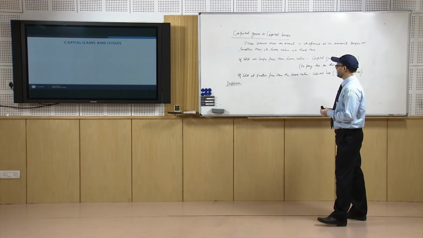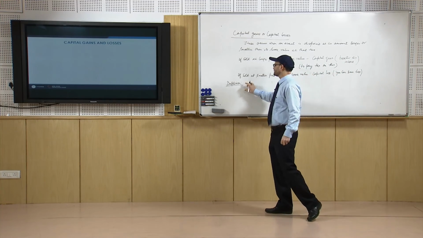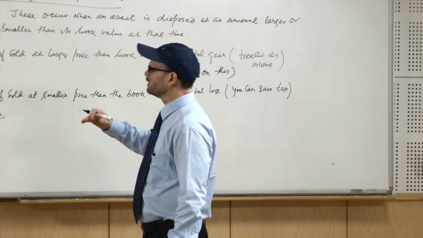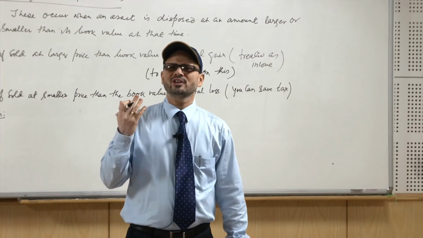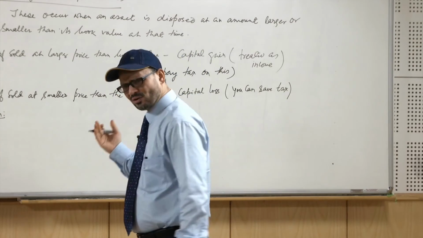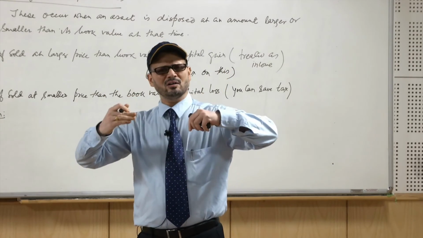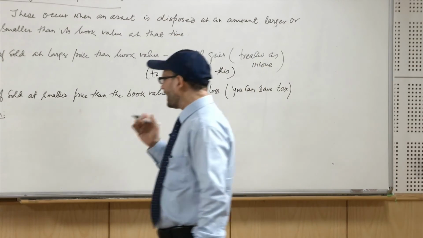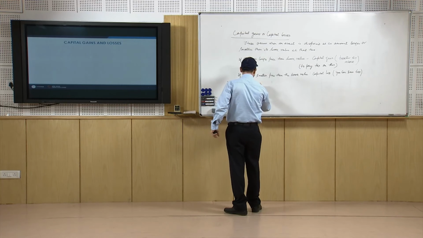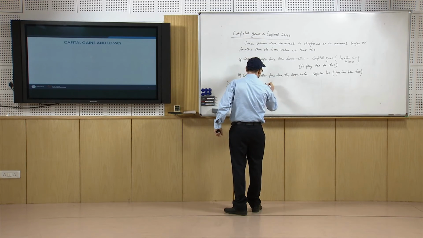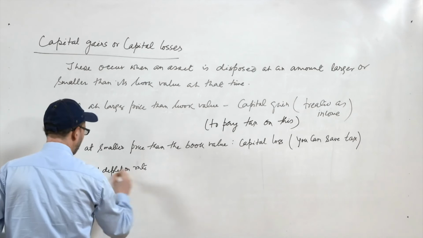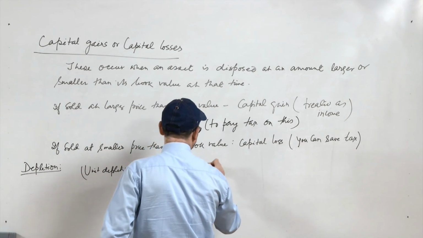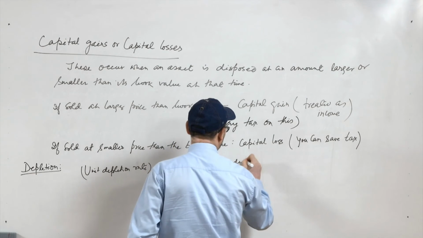Since there is piecewise removal of the natural resources, as the units are removed you need to get a certain depletion allowance. First you get the value of the unit depletion rate, and then that is multiplied by units produced, which gives you the depletion allowance.